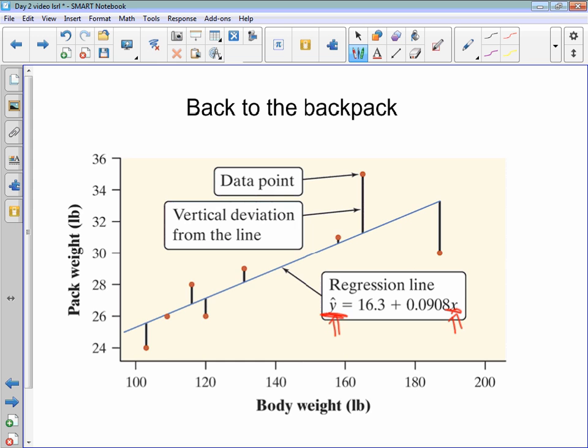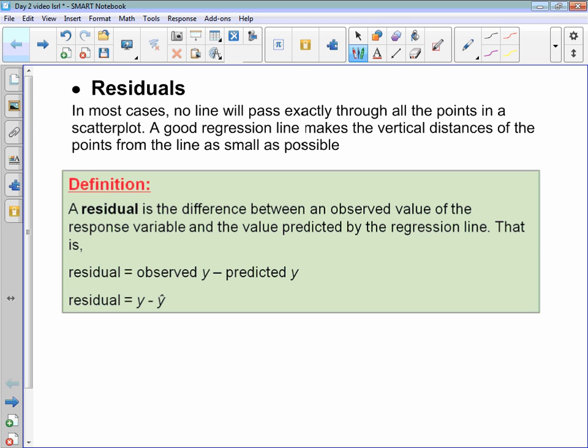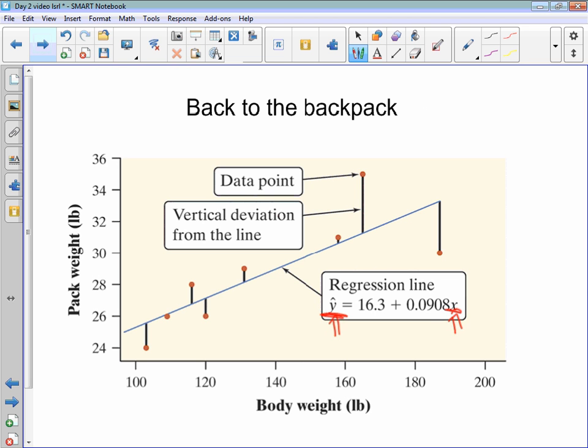And so the residual, which is what we're talking about here, the residual is how much the observed value differs from the predicted value. It's the y's. So here is the observed value, this is the predicted value, so this is the residual.